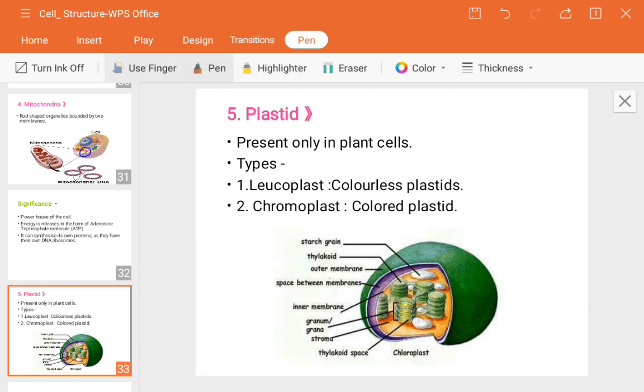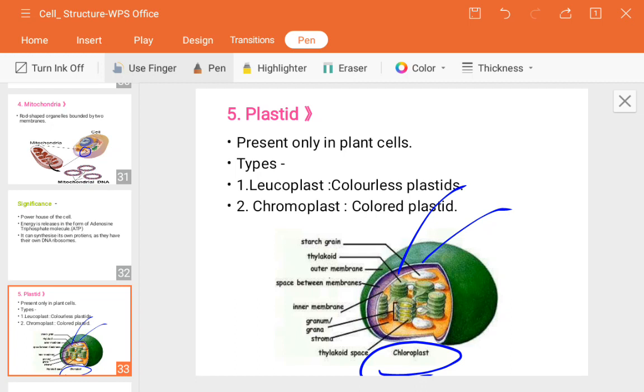They also have a double membrane, guys. This is the first, the purple and greenish one, the outermost covering. This is actually the structure of the chloroplast. Because it plays a major role in plants, we are studying the chloroplast only.